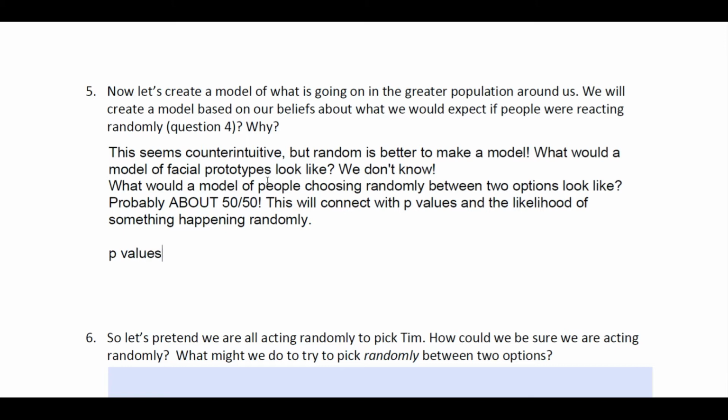So this is really the logic behind p-values. With p-values, we start by assuming random chance.